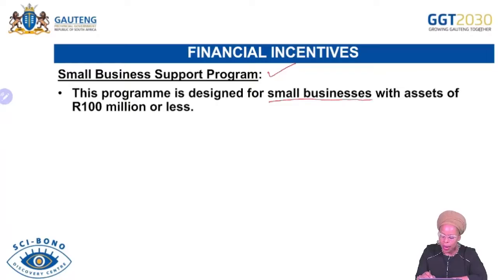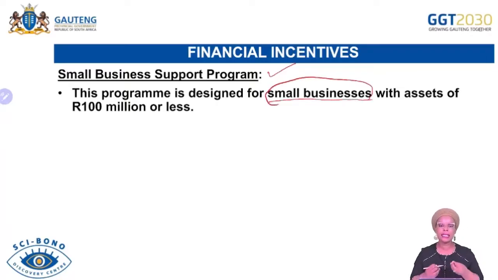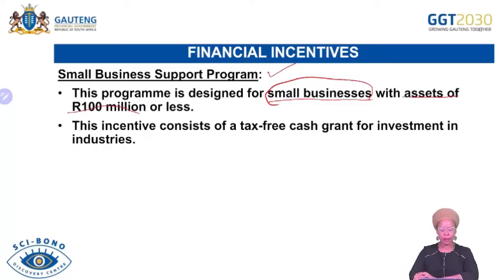What is key here is that it is designed for small businesses, but these small businesses should not have assets which are more than 100 million. It's only for small businesses with assets which are less than 100 million. If your business is small, but the assets are more than 100 million, then you don't qualify for this particular grant, or your business doesn't qualify.